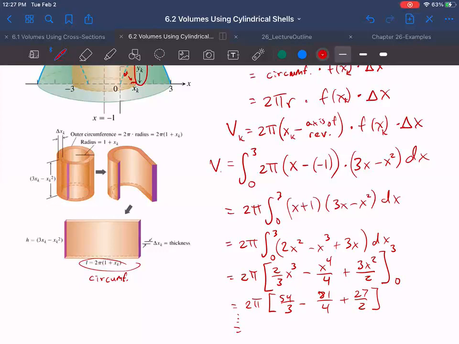Did I miss something? That's a different answer than I have. But then it's over 4. So it's 90 pi over 4, which is 45 pi over 2. There we go. Woohoo! That's the answer I got before, but I did it in a slightly different way.